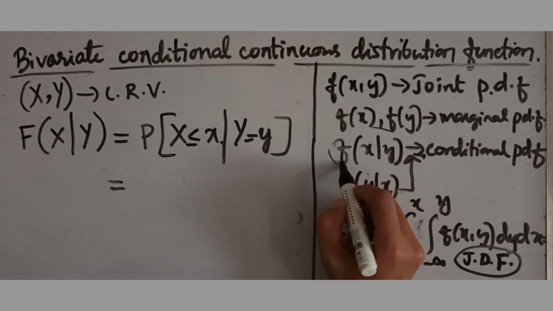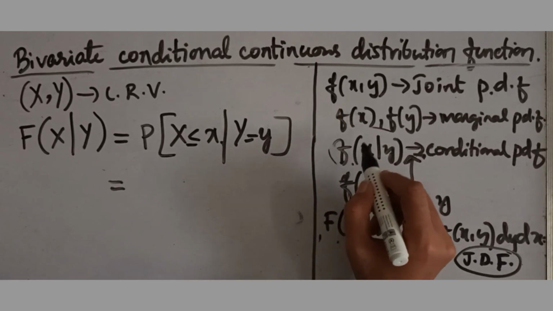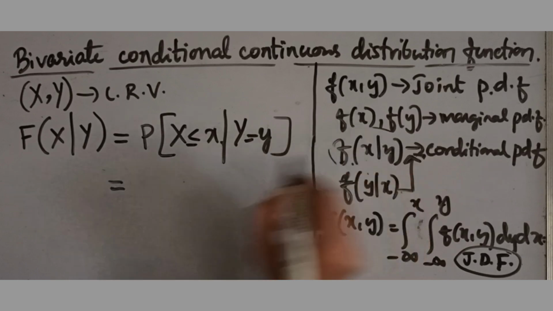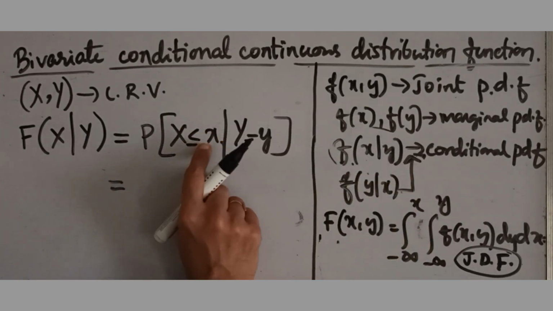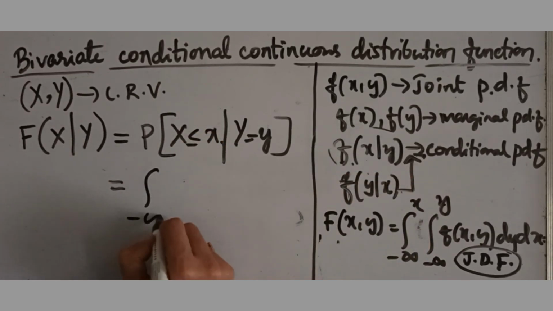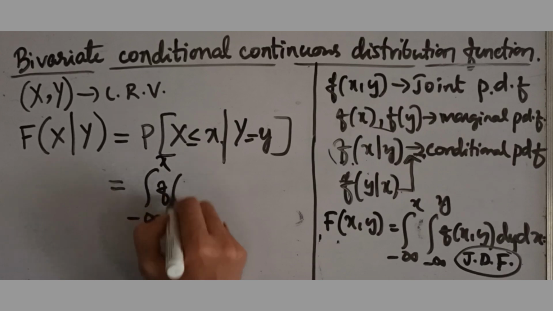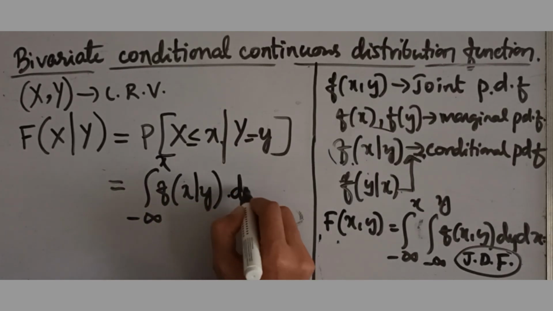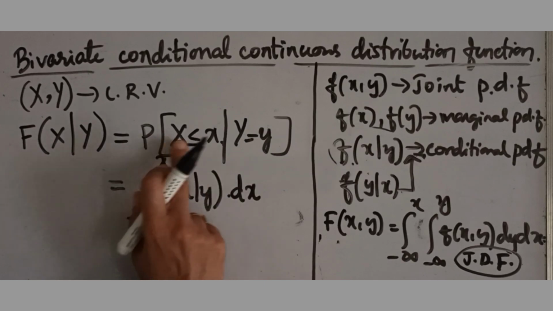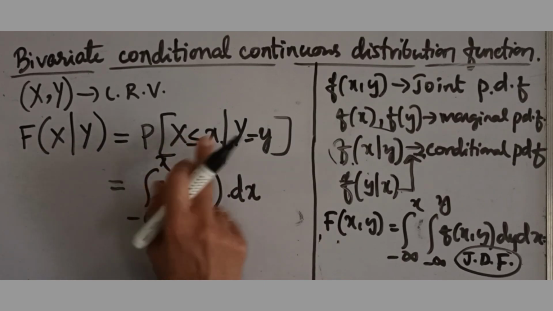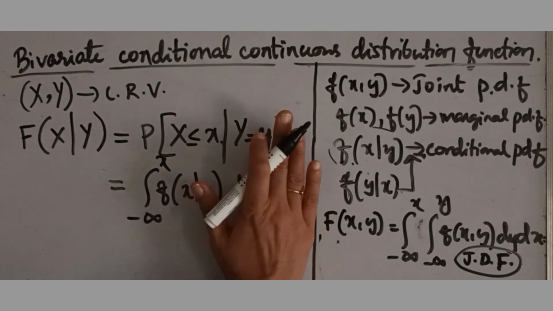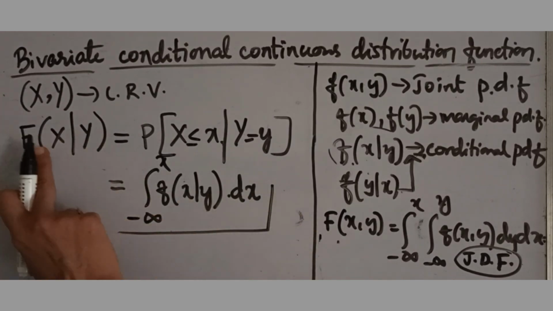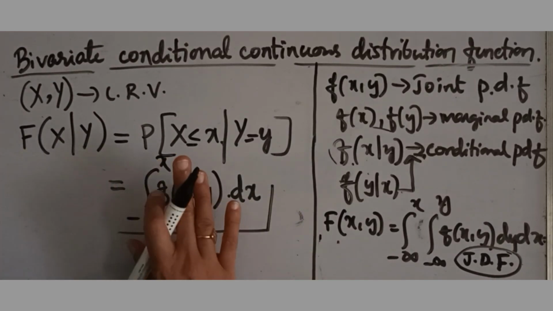This is the conditional probability density function of x given that y equal to y. So I will make use of this function now. Limits are for x minus infinity to x, f of x given that y value, into integration with respect to x, because here the condition is for x, y equal to y is already given. So this integral gives you the conditional distribution function.